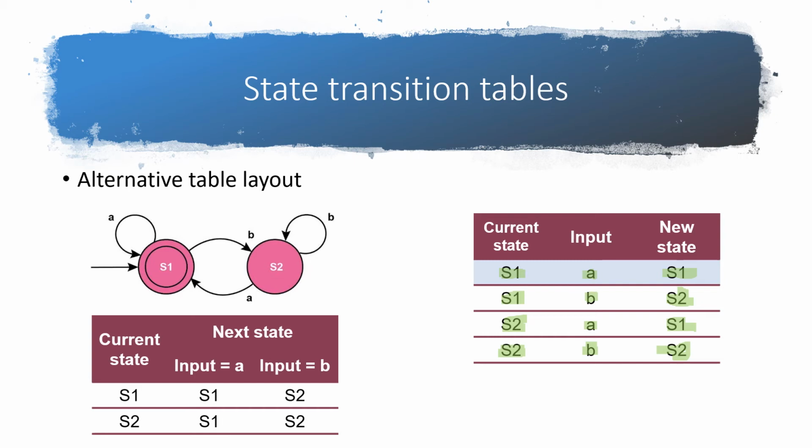But in all the questions you're going to do later, as you can see from the exam board, that's never really an issue. They ignore that fact. So that's a better way of setting out a state transition table, because it allows us to have many inputs. If, for example, S1 wanted to have 3 inputs, we could do that. If S2 only wanted 2, that would still work as well. So it's probably a better method.